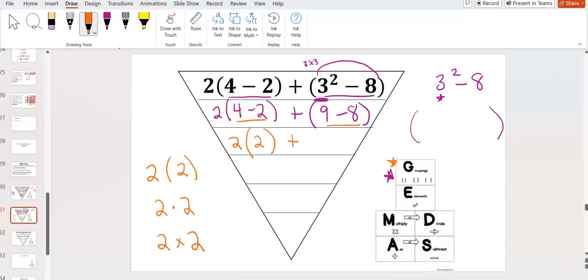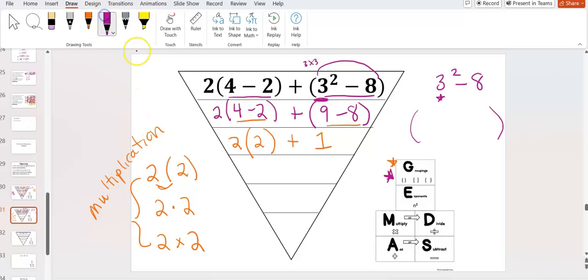All of these 3 symbols right here all mean multiplication. Okay. So this parenthesis right here, this is really an operation. It's not a grouping symbol in this case. All right, and now I'm going to do 9 take away 8, which is 1. So my new expression is 2 times 2 plus 1.